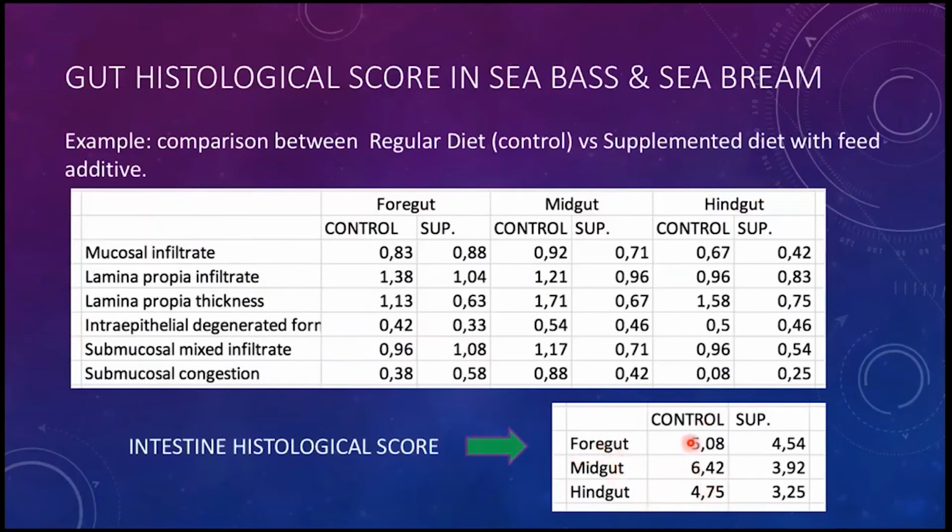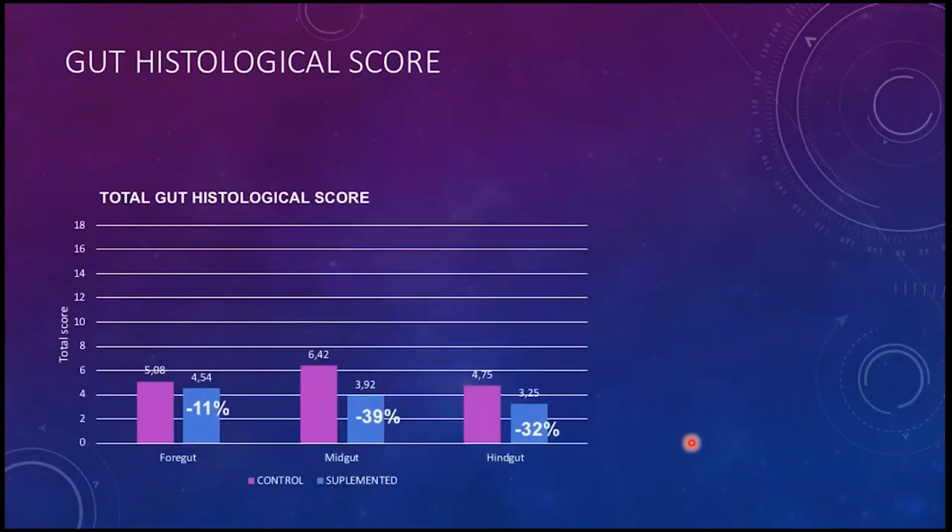So basically we can see, and probably with a graph like this it's easier to see, that invariably from which area of the intestine we are looking, so we can look at foregut, midgut, hindgut, in all these 3 regions we have the same trend, where we have a reduction of the histological score when we are supplementing that particular feed additive.